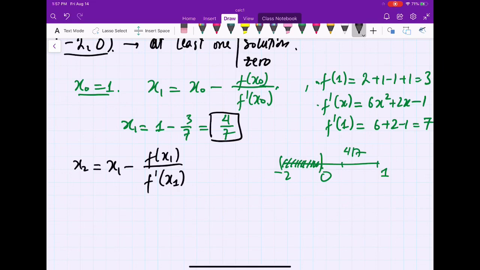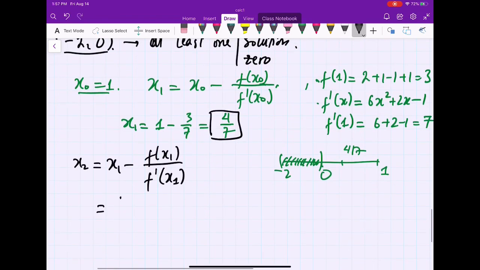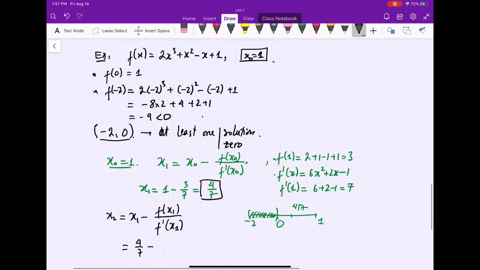Okay. So you have 4 over 7. What is f of 4 over 7? I need to plug 4 over 7 into the function, right? My function is 4 over 7 cubed plus 4 over 7 squared minus 4 over 7 plus 1.